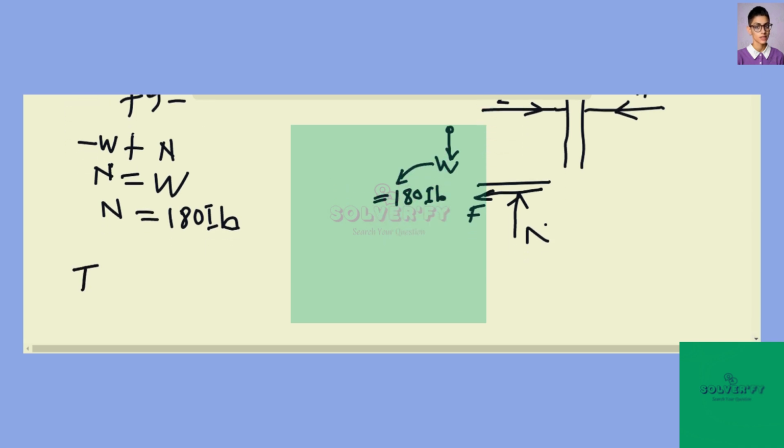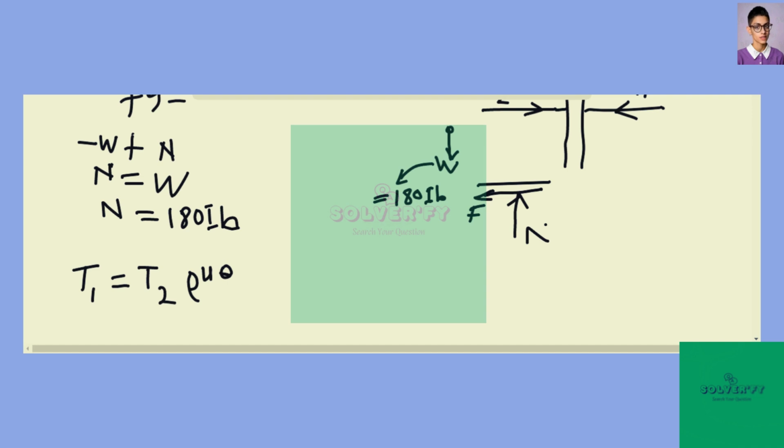T1 represents the tight side, the side where we have the animal. It is the tension in the rope on that side. T2 is the tension in the rope on the other side, on the left side, where the man is trying to restrain the animal. This is called the slack side. Then e to the power of mu, the coefficient of friction between the tree and the rope, times theta, the angle of wrap.